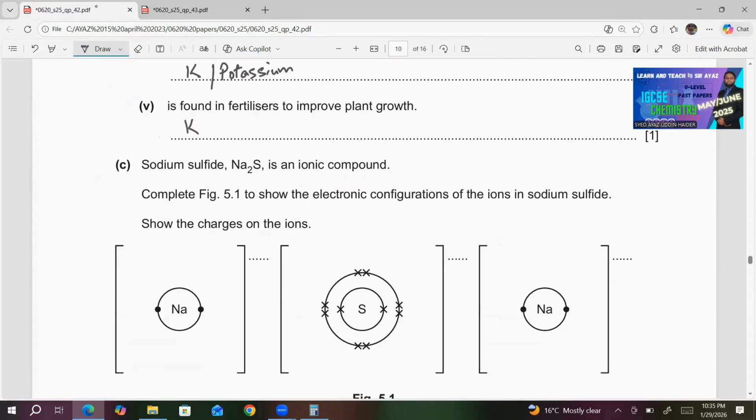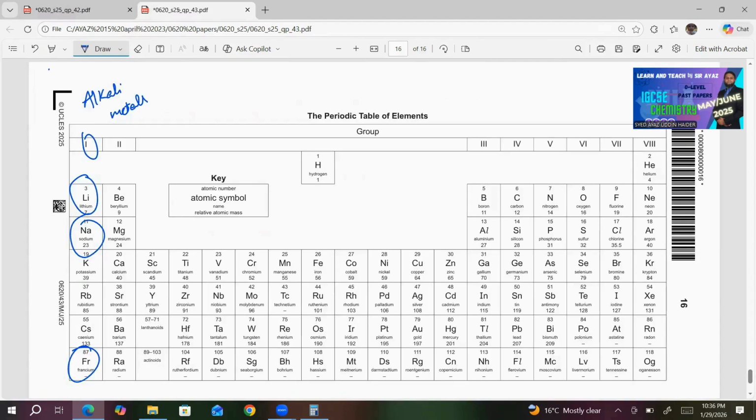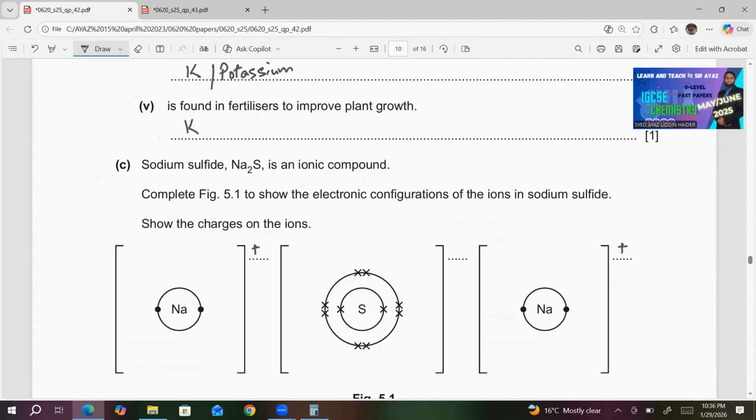So it will lose its 1 valence electron to form Na+ ion. So I'm going to put charges first for both of these, Na+. What about the electrons? Look at the proton number. The proton number is 11, which means now it will be left with 10 electrons.